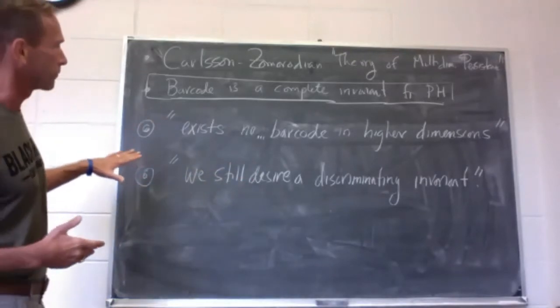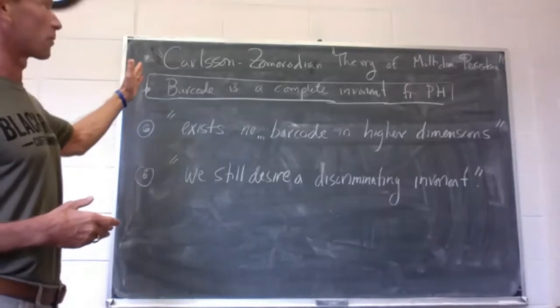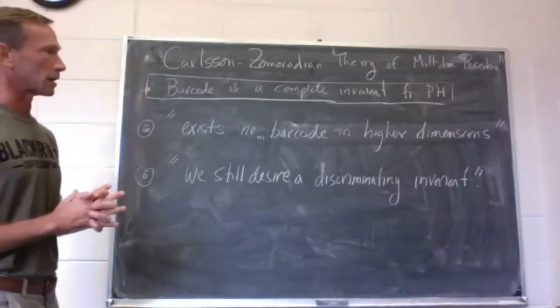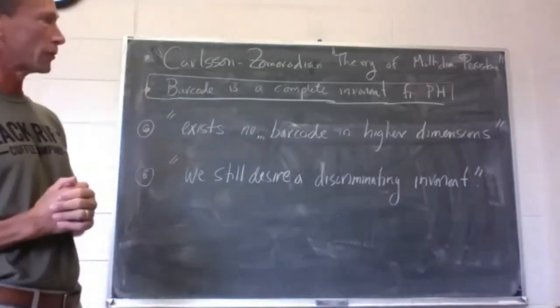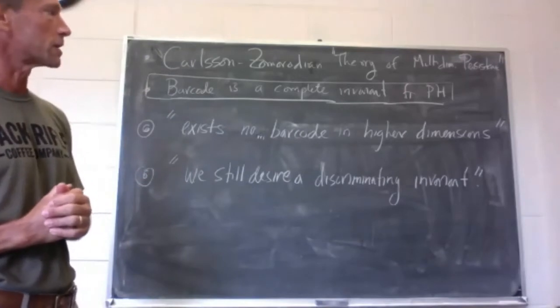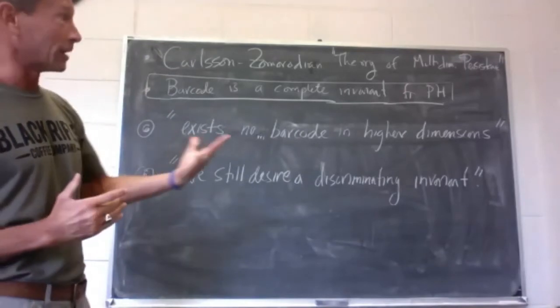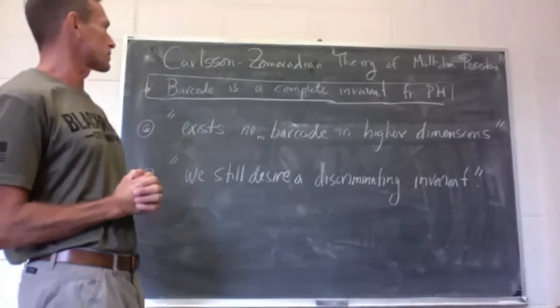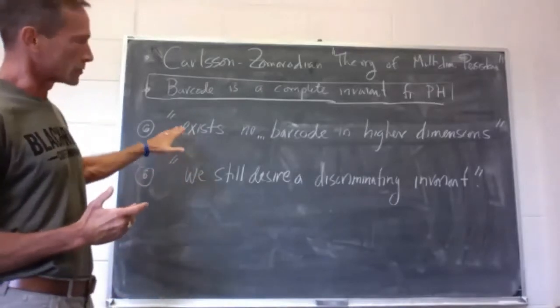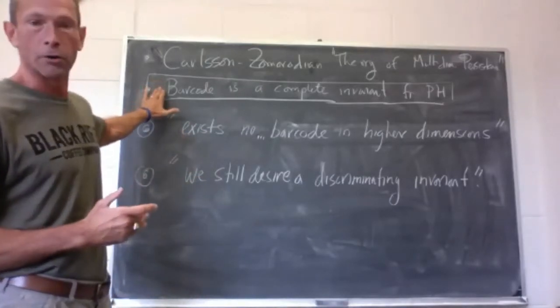The motivation for this is a question of Carlsson-Zomorodian in a paper about a decade ago called Theory of Multidimensional Persistence. They introduced the theory of multidimensional persistence, and of course, the starting point is that for persistent homology, we know that the barcode is a complete invariant.